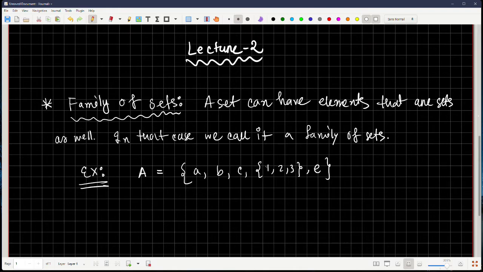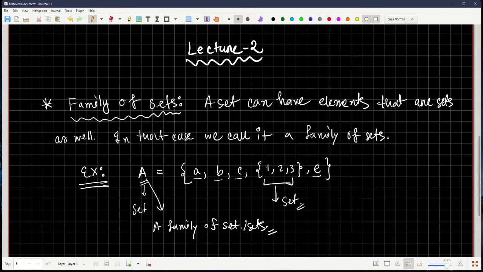So as you can see, this A itself is a set, right? And apart from these single entities, this one over here is a collection of objects as well. So this thing itself is a set too. If this is the case, we will call A a family of sets, or set, whatever you want to call it.